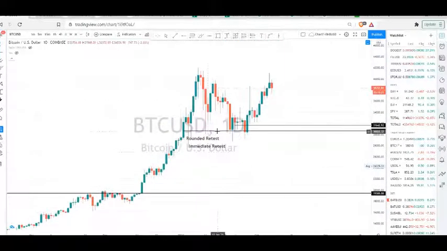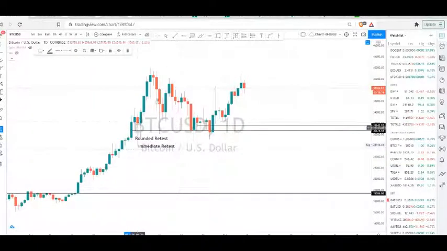But if we look at this level here, we've tested this level several times. Now, putting all those things we've learned together, remember we said once a level is continuously being tested, it becomes weaker. So let me draw a level here.